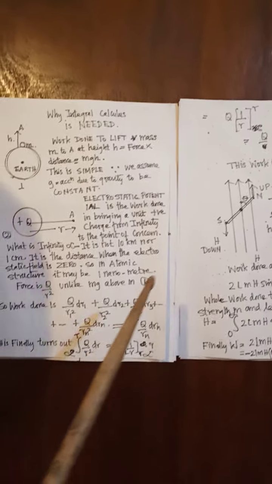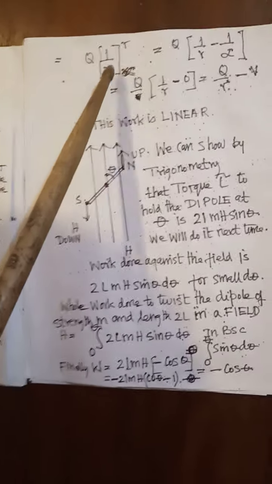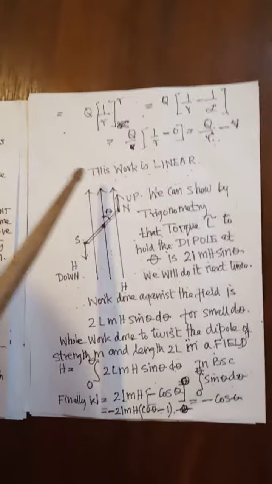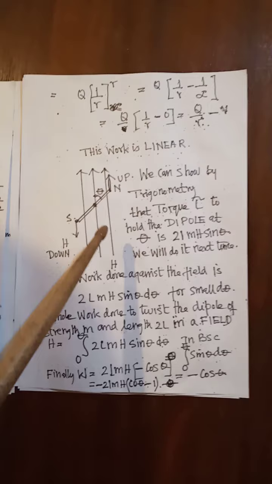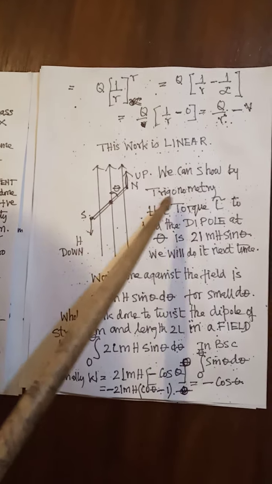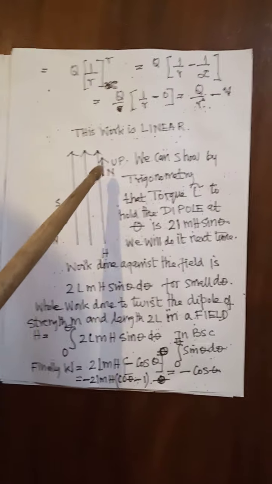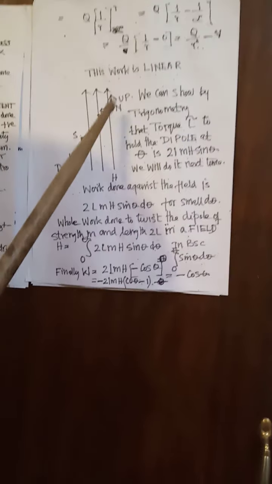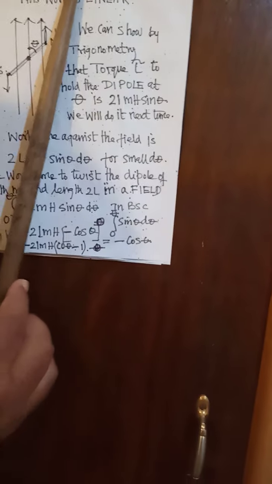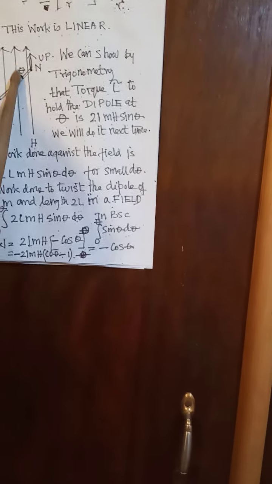So now, see you have seen here, this is the limit, 1 by r, infinity through r, you get q by r. This integral also you will find in the dipole moment. We will do it in detail about the torque. The torque needed to bring the dipole to angle theta, because when you put the dipole north-south in a magnetic field, the magnetic needle will always align along this direction.